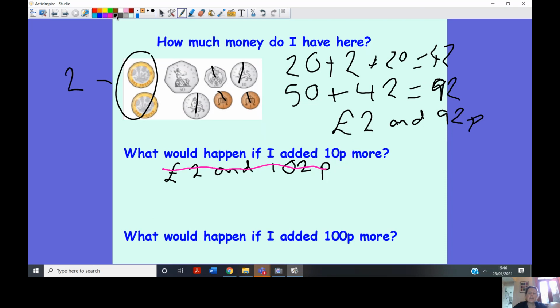So think of it, we can add £1 to £2, which is £3 and 2 pence. So that is the same as 302 pence.